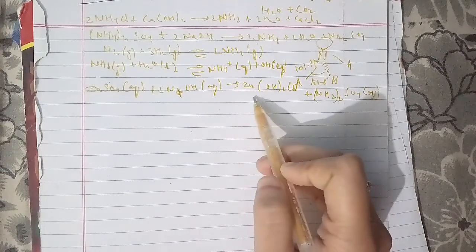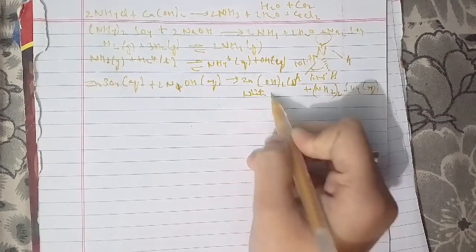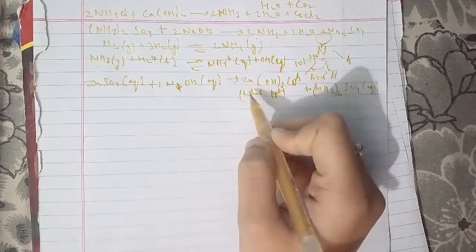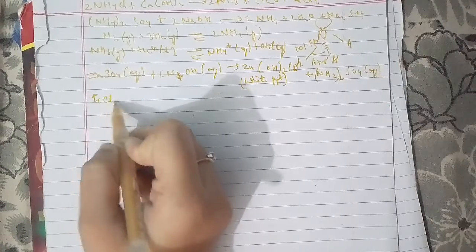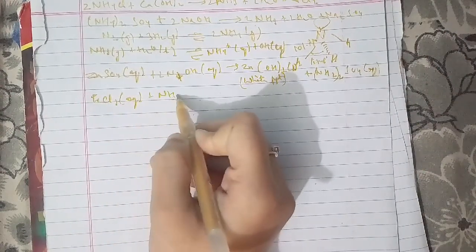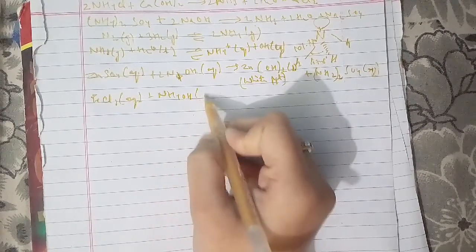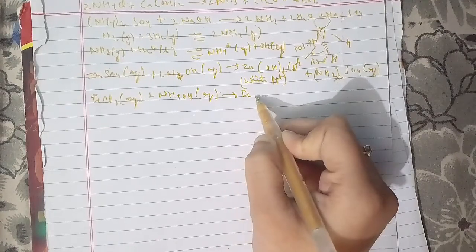Now for another reaction we have Ag+ aqueous plus Cl- aqueous. We get AgCl, that is salt. And in the same case for Ag+, we have colorless, and for AgCl, that is your white ppt.